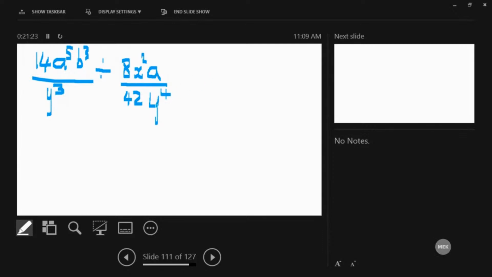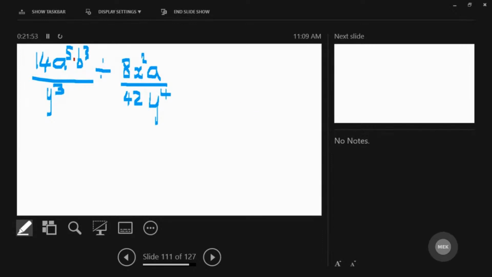So what we need to remember for division is, when we're dividing fractions, what are we supposed to do? We're supposed to rewrite the first fraction, change the division to multiplication, and invert the second fraction. Remember, that's what we do when we divide fractions.